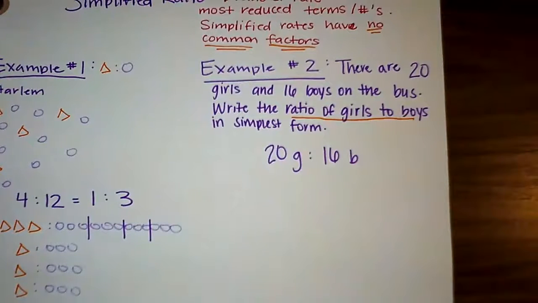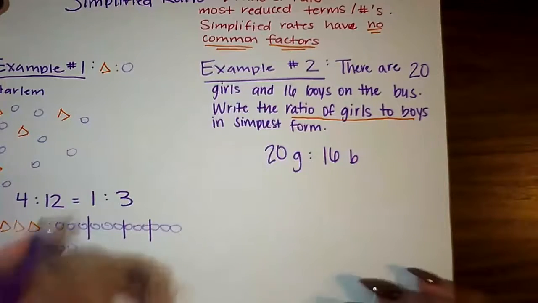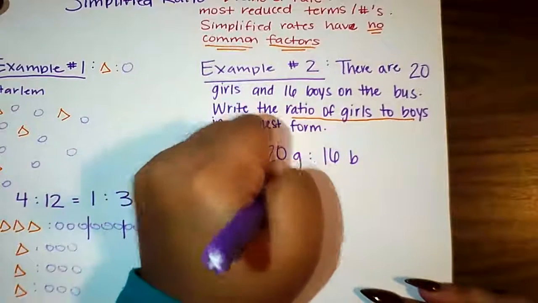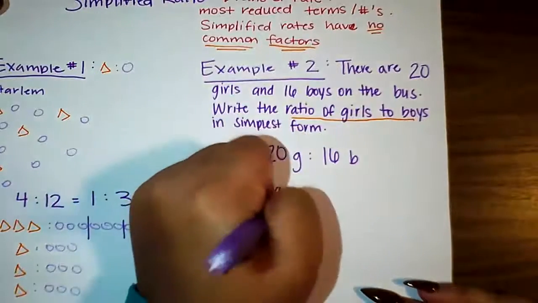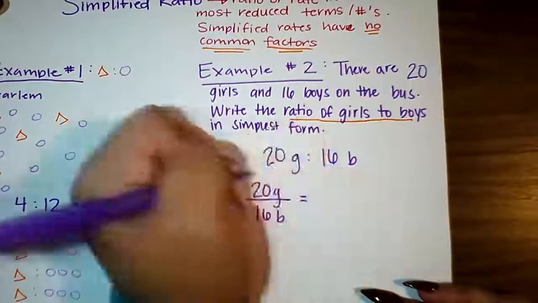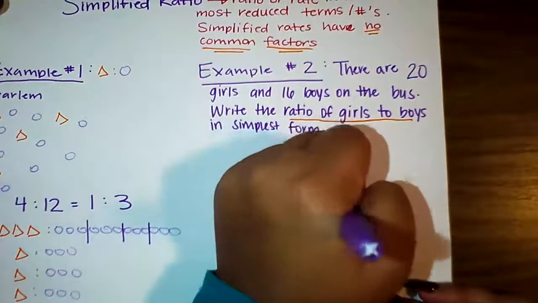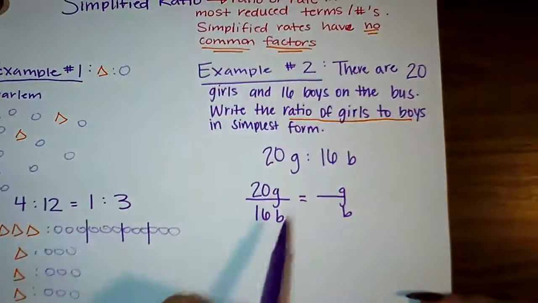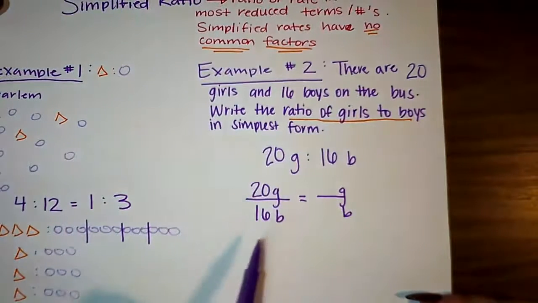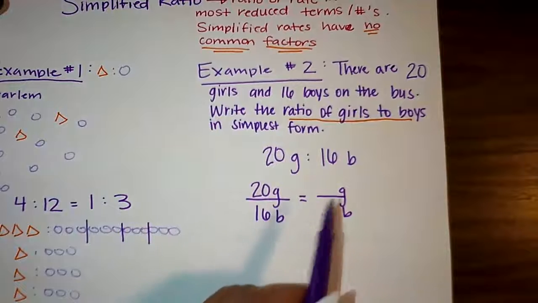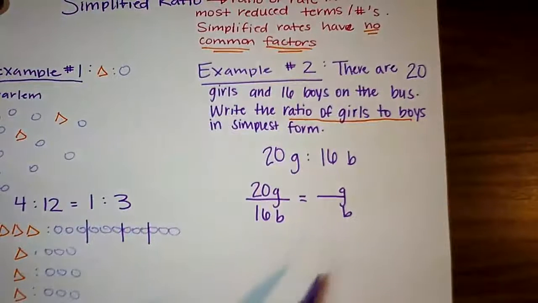I want to simplify this ratio, and the method that I'm going to use is a proportion. I'm going to write 20G over 16B. I put my equal sign and my units. I need to figure out how I can simplify this fraction or ratio so that this ratio will have no common terms.